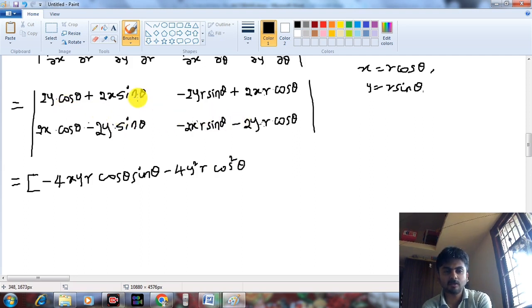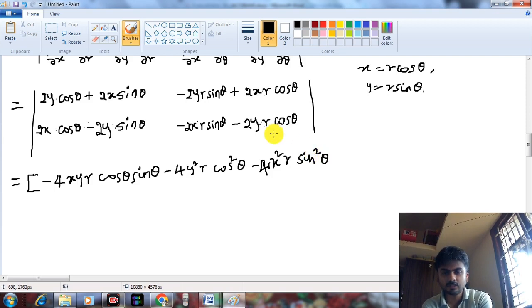Now we have to multiply the second term with first term and second term with second term. So we will get minus 2 into 2 will become 4x square r sin square theta.